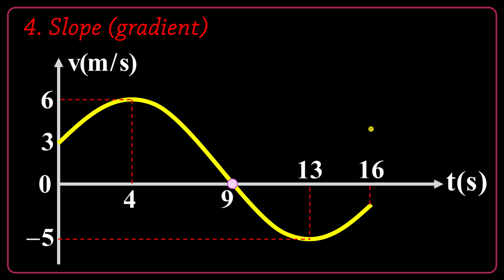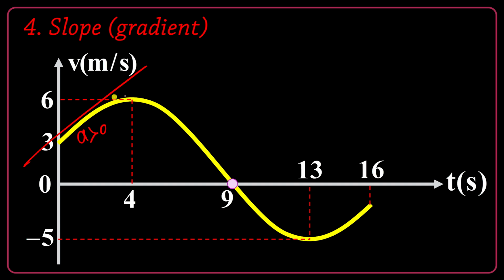The slope of VT graph, I mentioned in the previous video what the acceleration is. It's exactly the acceleration. So instantaneous acceleration. So when the VT graph is ascending, the slope is positive, we can say the acceleration is also positive.